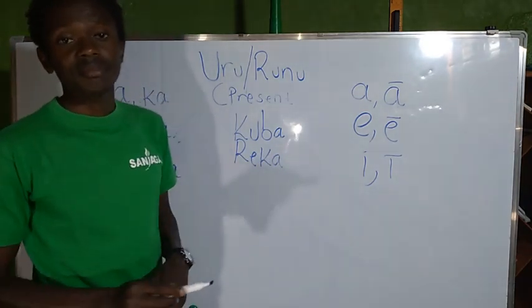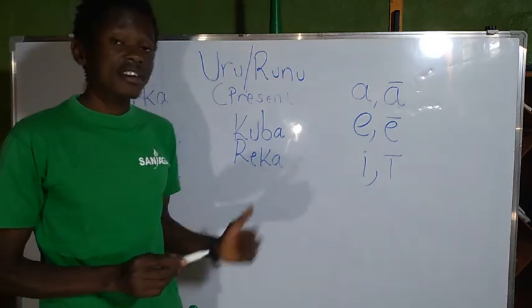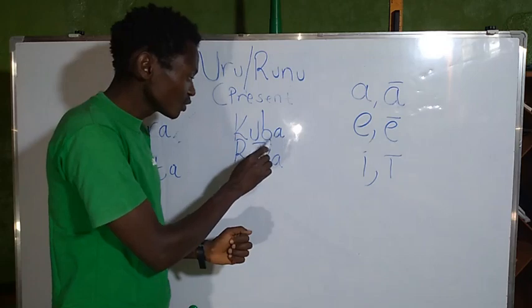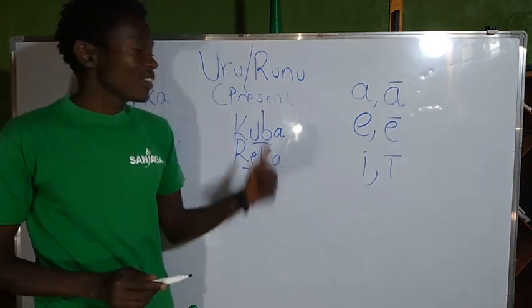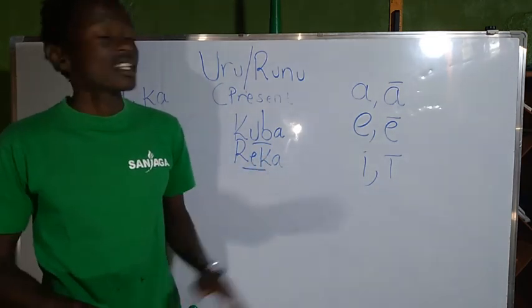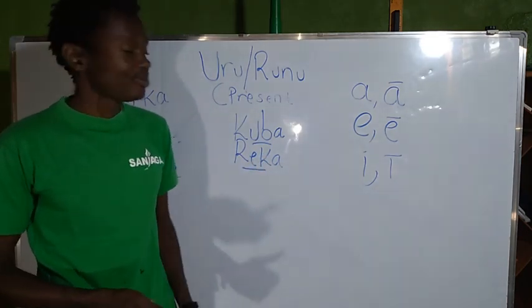Reka: rek, root, kub, root, and R. That is the simplest stem verb that we find a present tense in.